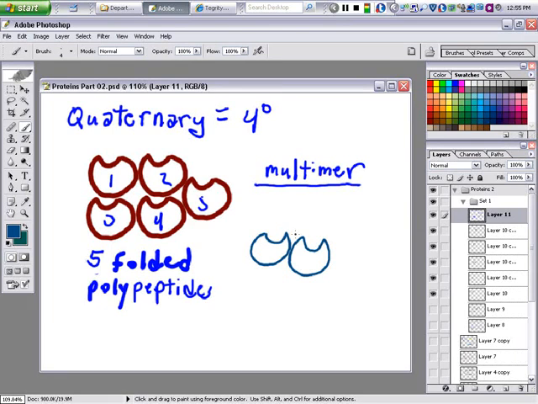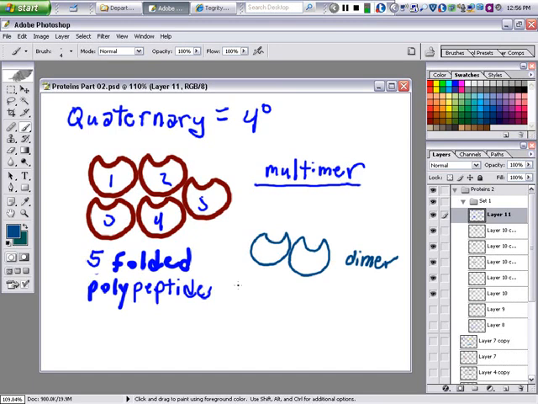Is this a multimer? Yes, it's a multimer. And so it has two polypeptides, and so we can call this multimer a dimer. A dimer, because it's 2 units. Di means 2, mer means unit. And so this is a dimer. Make sense?